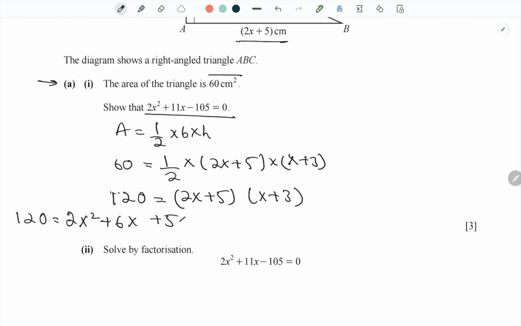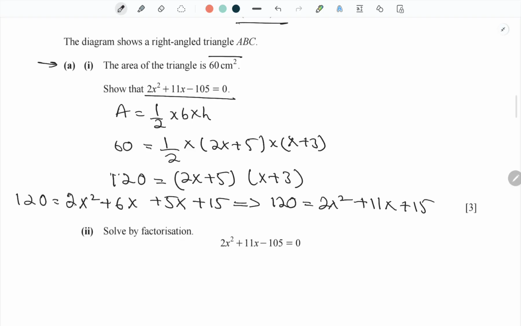Then 5 times x should be 5x, and 5 times 3 is 15. Then we add them together. 120 equals 2x square, and 6 plus 5, 11x plus 15, right?